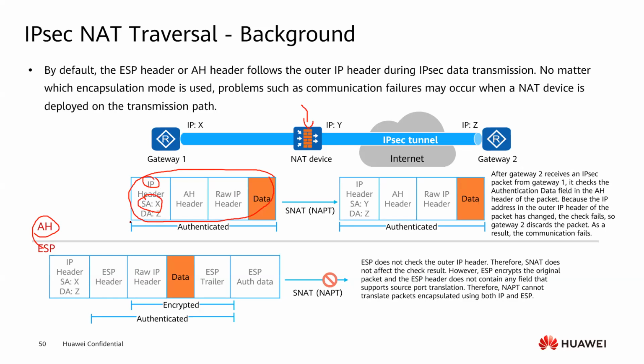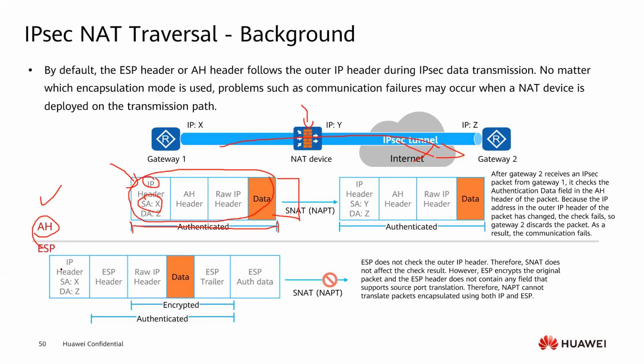And since AH does the authentication for the whole packet, if the outer header is changed, the authentication cannot be passed, which means the packet will be discarded. So AH will not be used in the IPsec NAT traversal.